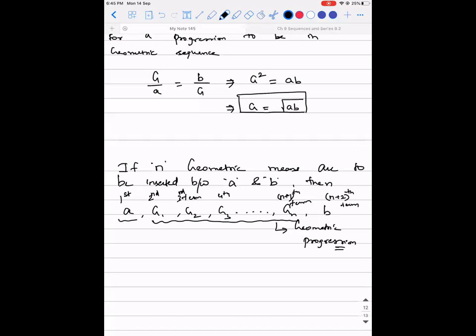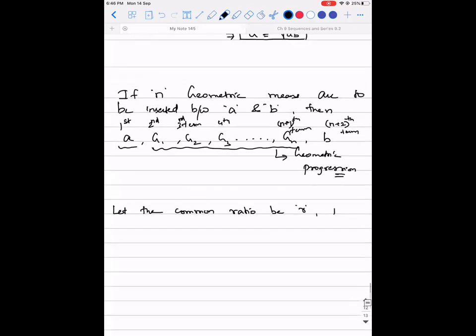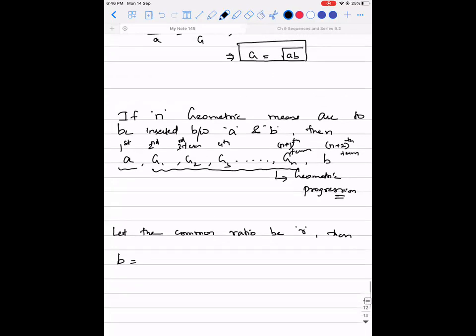Let the common ratio be R. Then B will be equal to what? Recollect, the nth term in a geometric progression is given as AR power n minus 1, where A is the first term.